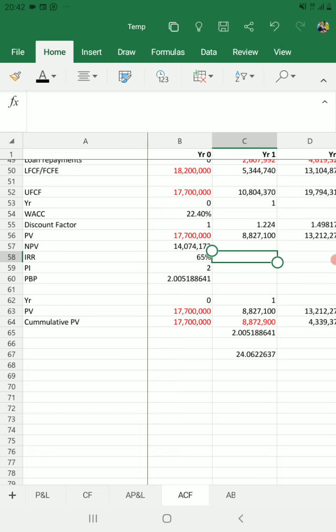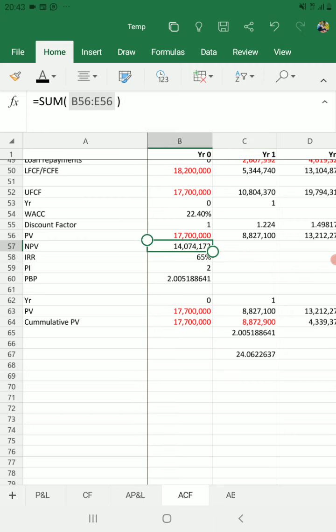Now we can proceed. As we said, this business has positive NPV. And if the business has positive NPV, then that business is worth it. Why? Because our future cash flows here have been discounted using cost of capital, as the time value of money, because that is an opportunity cost.